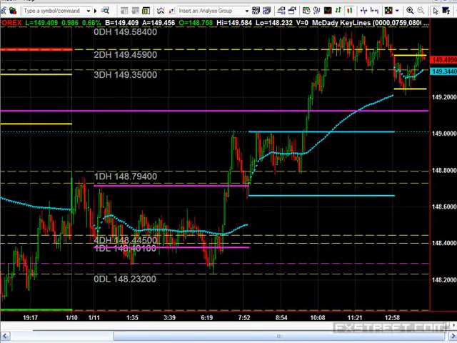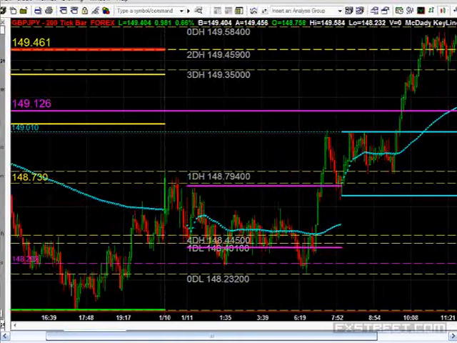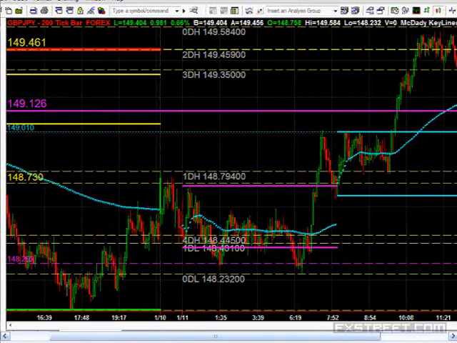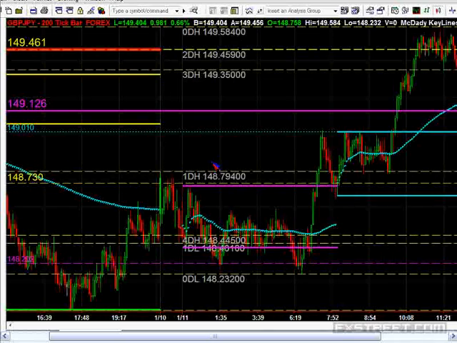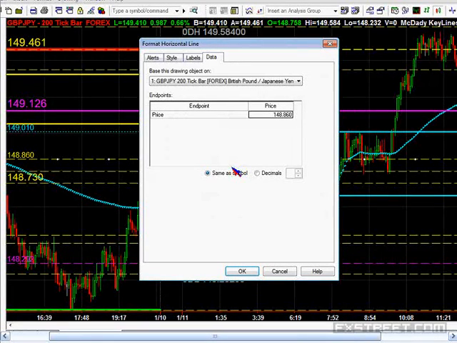That's why you can come to the Sunday session, take these numbers and put them on MetaTrader, wherever. You put a line that says I'm going to go long above 148.90, for example. You give it a color green, and boom, right now you see it on your chart.